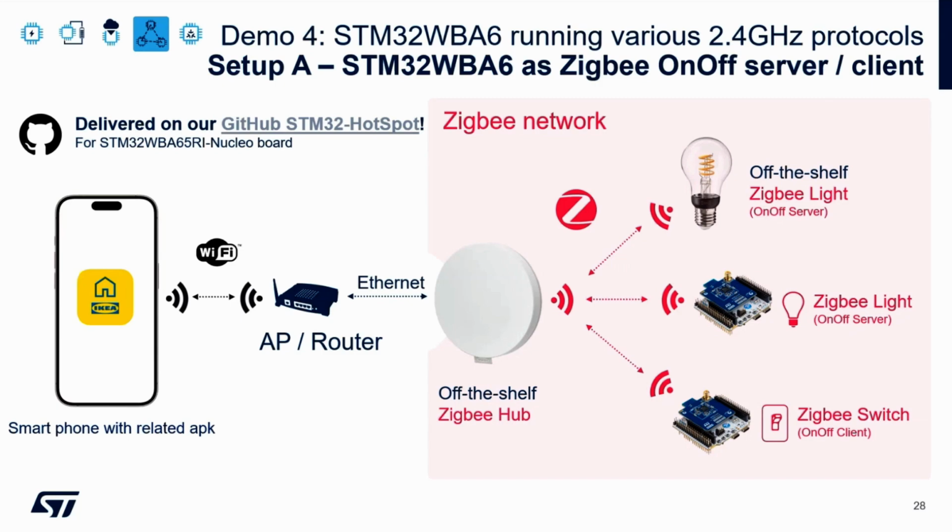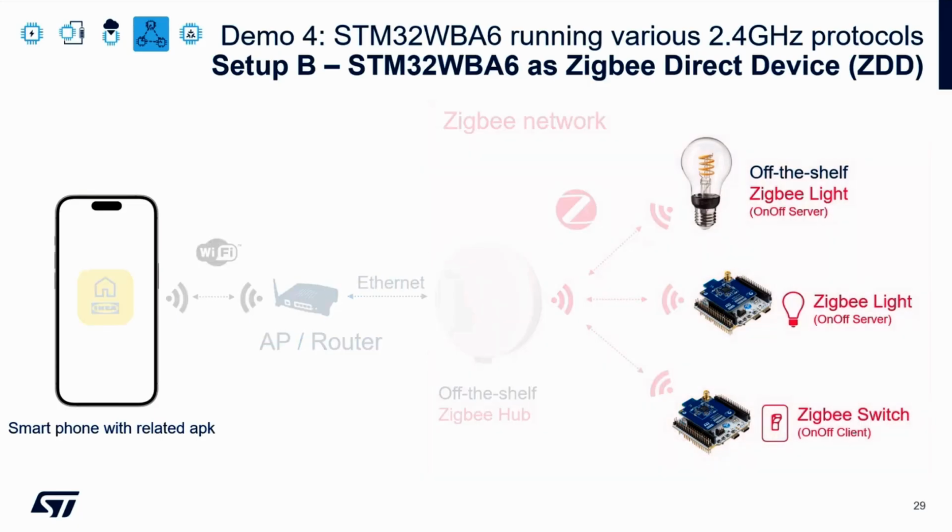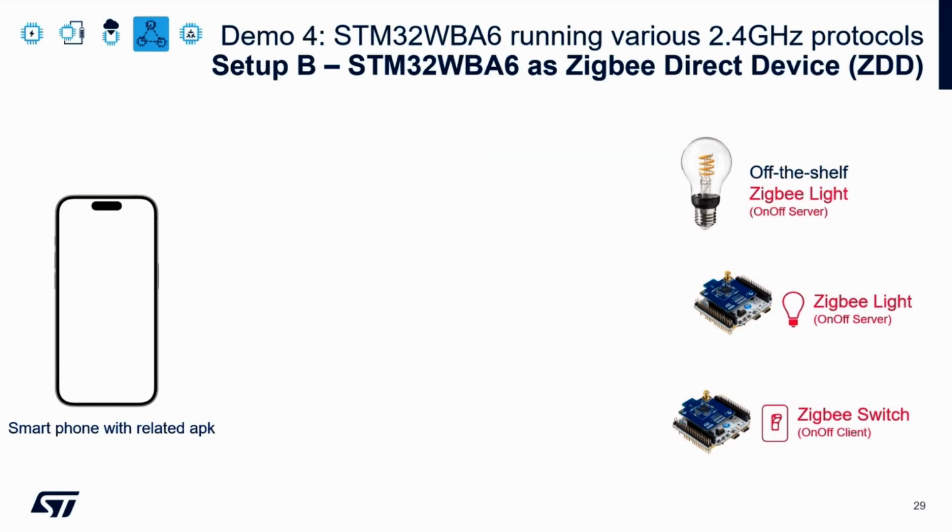But I have here the second demo setup, and in this one, I would like to show you the new example for a ZigBee Direct device. You see, you might not have an available ZigBee hub, or maybe you do not want to use it, but still you would like to use your phone to control your ZigBee devices.